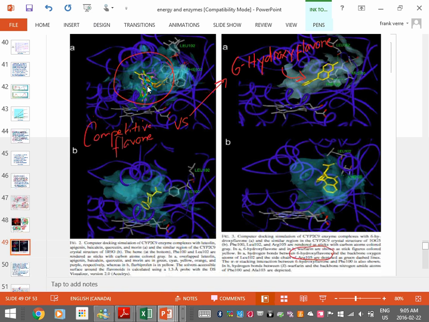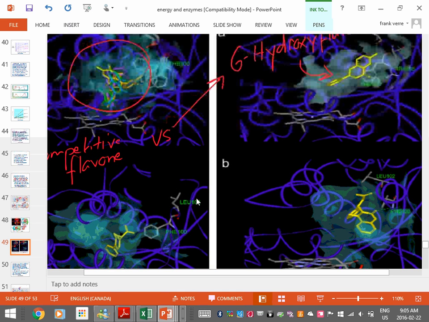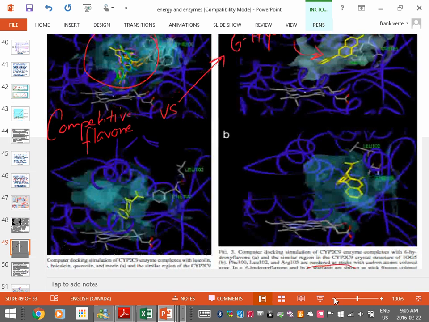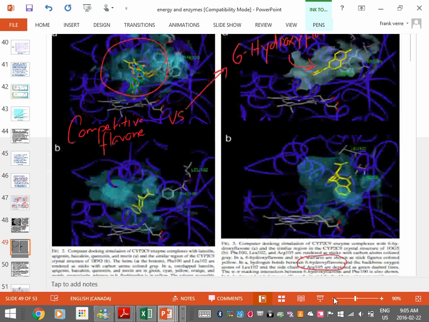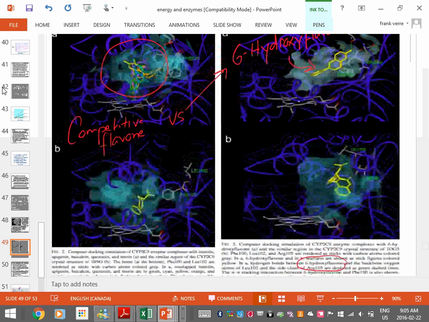And these molecules on this side, if you zoom in a little bit, you can see there's a bunch of molecules that overlap here. They're a type of molecule called flavones. You don't need to know that. But they're all competitive inhibitors.